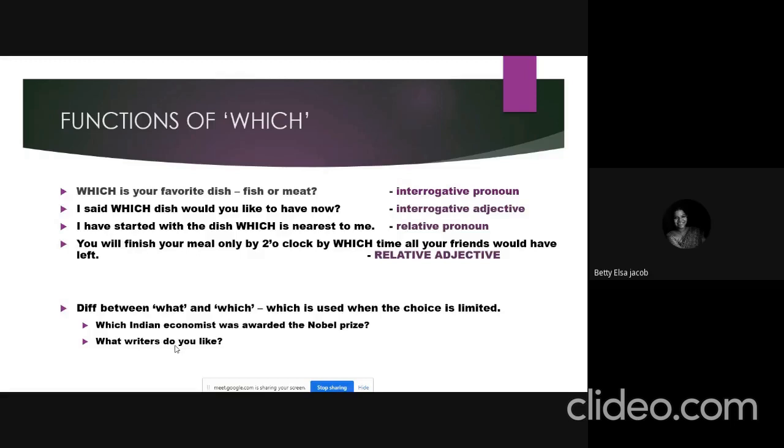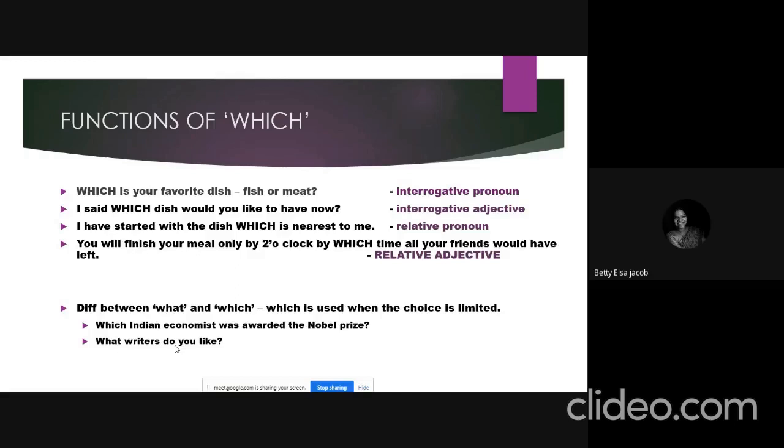Now, here you are limiting the choices. You're not asking who was awarded the Nobel Prize. That's a lot of choices. But then, which Indian economist? You are limiting the choices of the economists by specifying that they are Indian and also claiming that that person has won the Nobel Prize.